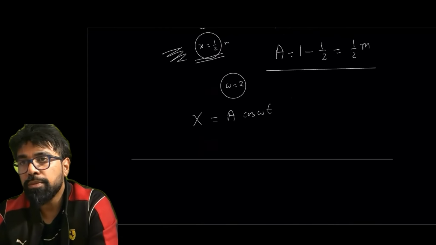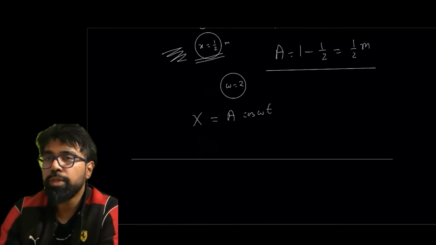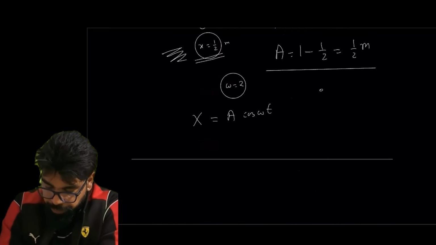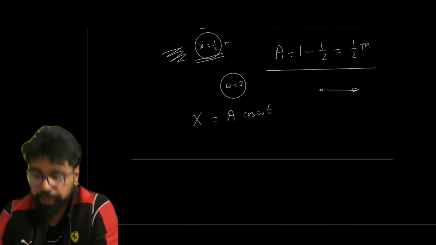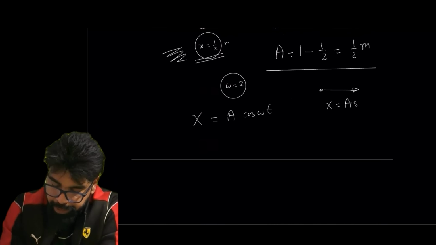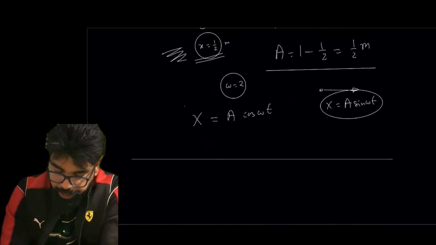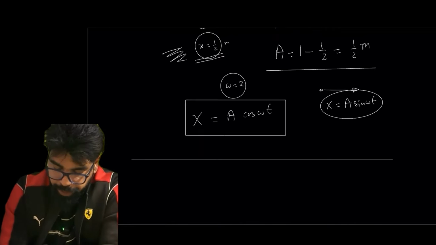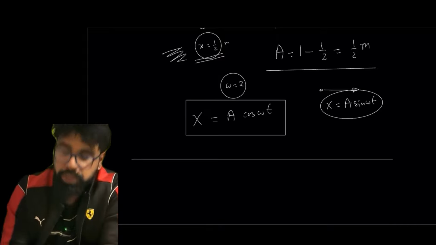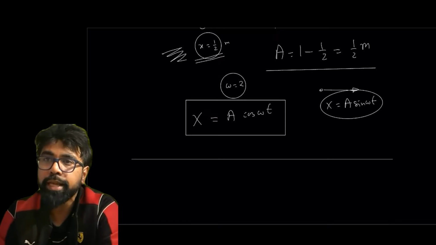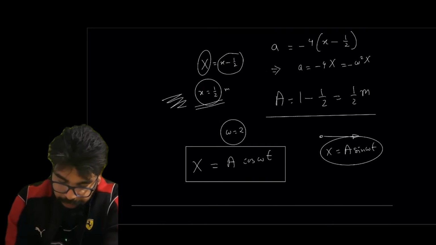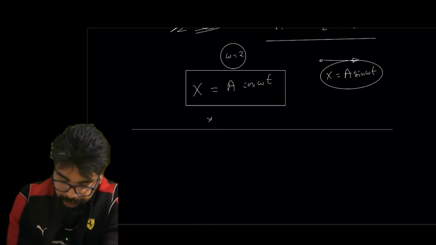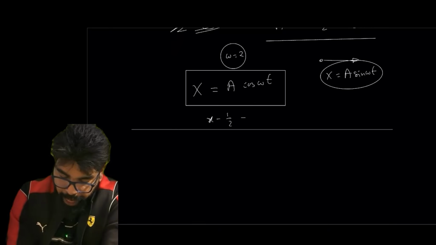If the SHM starts from the mean and goes towards the extreme, then the SHM equation is X = A sin ωt. But because here the particle is starting from the amplitude and coming back to the mean position, the coordinate is A cos ωt. But remember your capital X is basically x - 1/2.